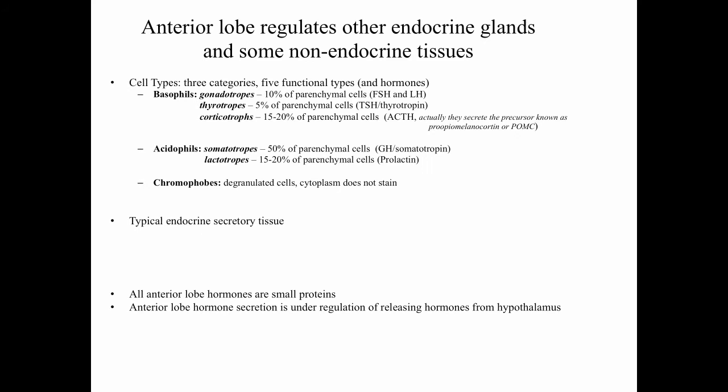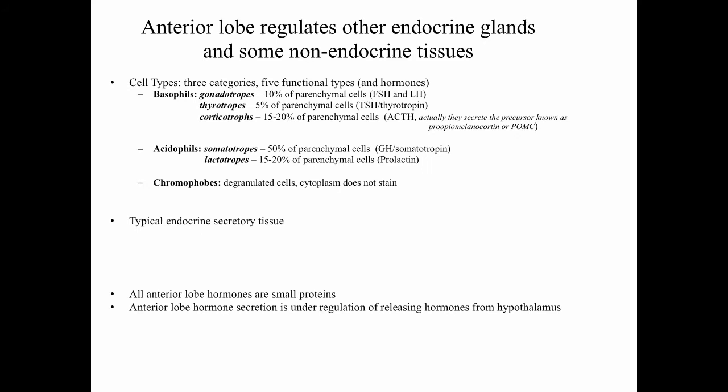But with more sophisticated cytochemical techniques, one can now identify specific cell types. So there are gonadotrophs, thyrotrophs, and corticotrophs that are clustered together as basophils. There are somatotrophs and lactotrophs that are grouped as acidophils. The gonadotrophs, about 10% of the parenchymal cells in the anterior pituitary, secrete FSH and LH.